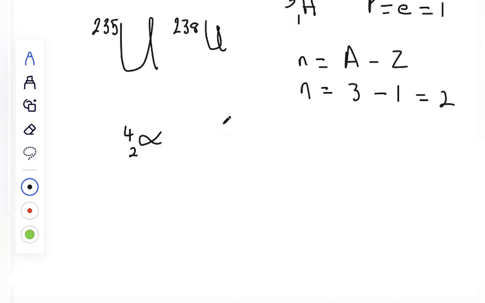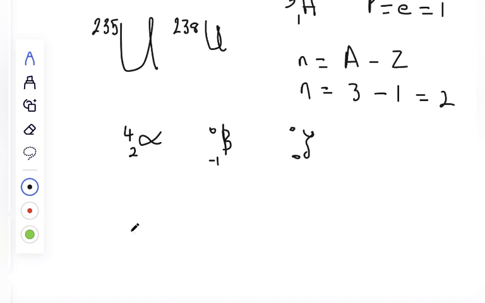For beta decay or emission, we have -1 here, which we've shown in the tutorial, and 0 here. For gamma, there is no mass lost. Here is 0, here is 0. These are the 3 particles that are emitted whenever a parent nucleus undergoes disintegration and decay.